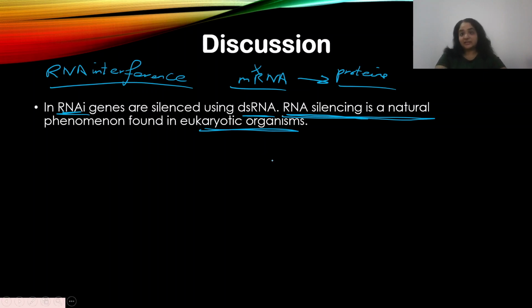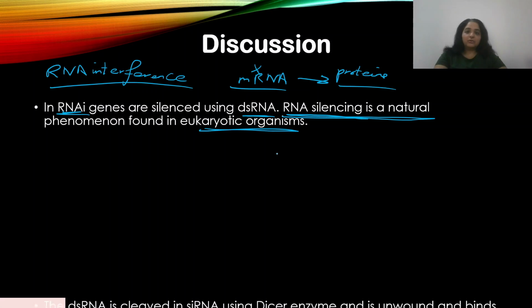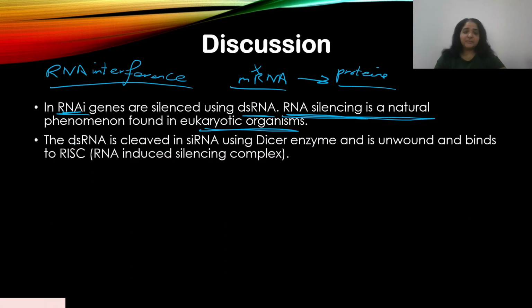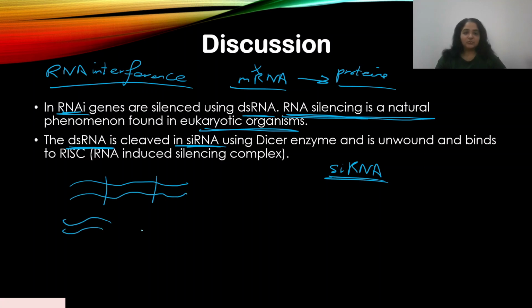Now what happens is this double-stranded RNA is cleaved into small interfering RNA, siRNA. So you have these small portions of double-stranded RNA, and this is done using the dicer enzyme.